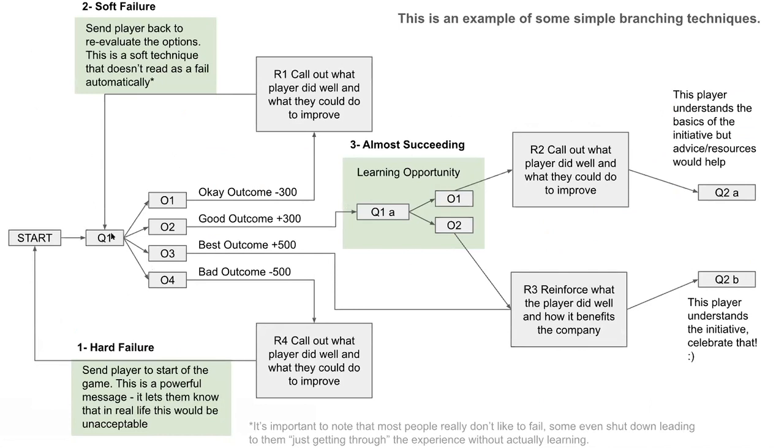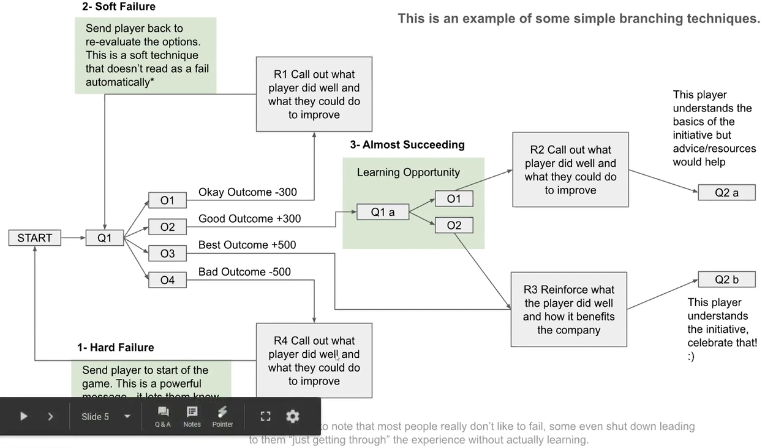This would be an example if you're having a real conversation where maybe you said something that was maybe borderline impolite, or something that was definitely wrong, something you really don't want your learner to use in a situation. So they've selected this, you call out what they did well and what they could do to improve, and then you send them back to the start of the game.